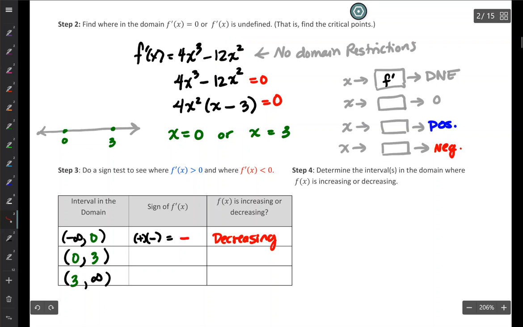Now pick a number between 0 and 3, like x is 1. 1 squared is positive times 4 is positive. 1 minus 3 is negative. Again, we've got a positive times a negative. Negative. I know my function is decreasing.